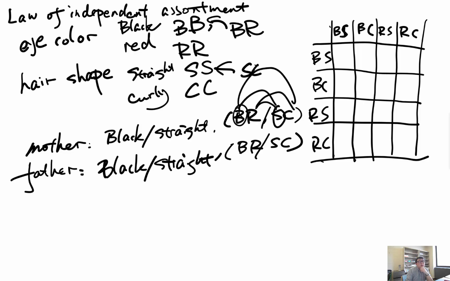So the percentage of BS should be more than BC. So in this case, you can have BBSS, BBSC, BRSS, BRSC, etc., BBCSC, BBCC.